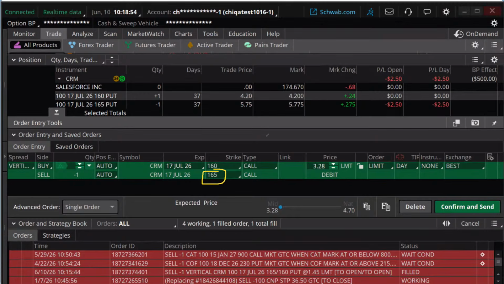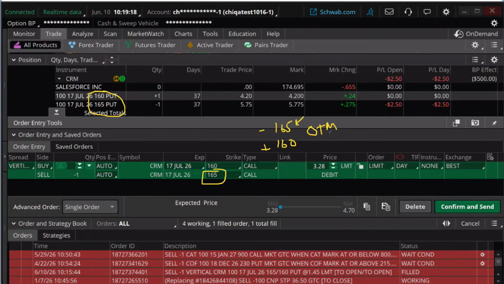Whereas when we did the puts and we sold that 165 put on the trade we just did, 160, 165. In the case of the puts, if the stock's at 175, these are both out of the money. Theoretically, the short contract could be assigned early.